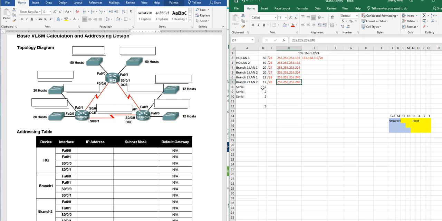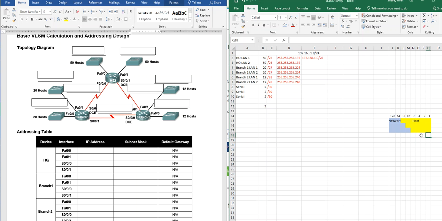Then your serial links. Your serial links are easy, and they are always /30. Now, why is that the case? Because with your serial links, you always use a /30, which would be up to this mark right here, because this would give you the total number that you would need.